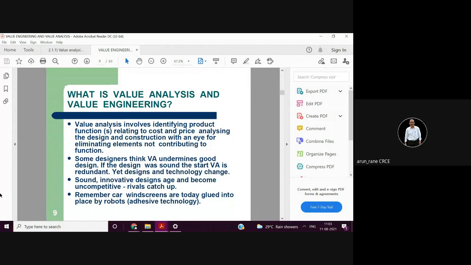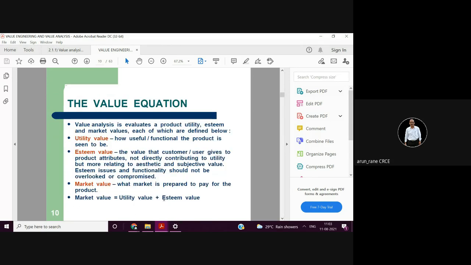Figuring about value analysis and value engineering. So value analysis involves identifying products' functions relating to the cost and price, analyzing the design and construction with an eye for eliminating elements not contributing to the functions. See now here, car windscreens are today glued into place by robots, adhesive technology.